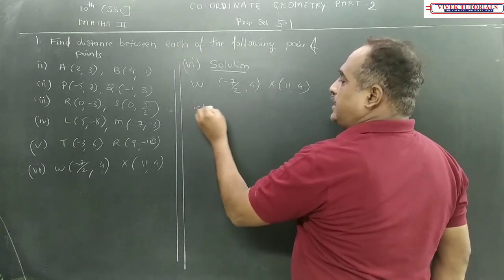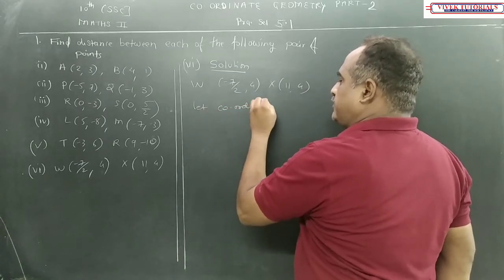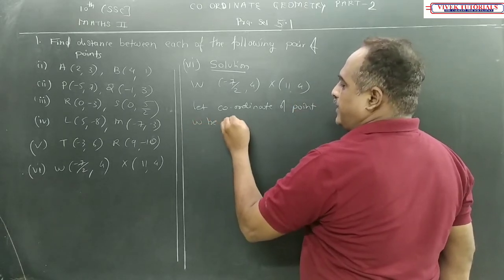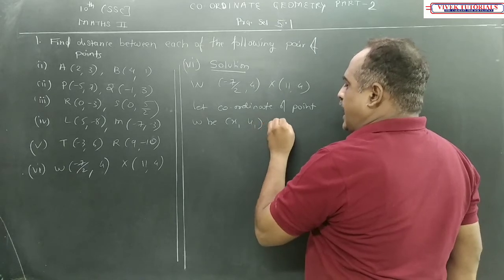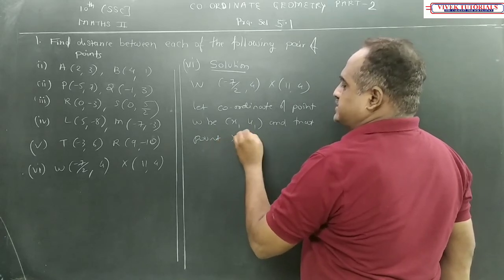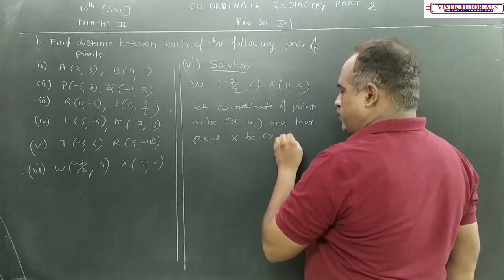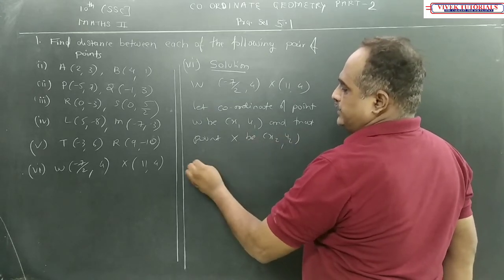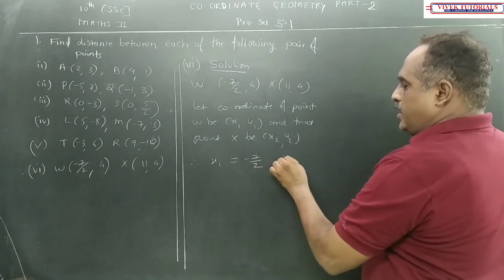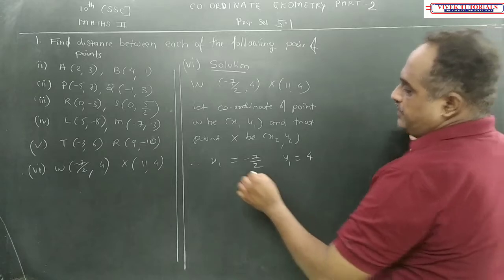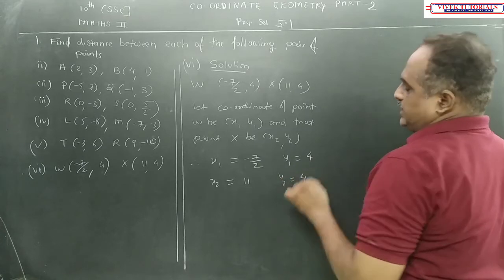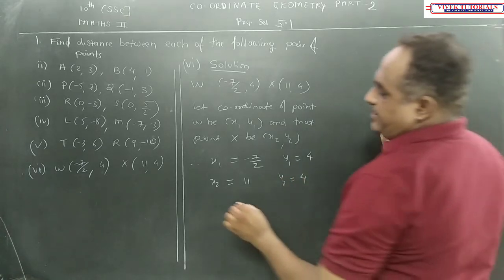Let the coordinates of point W be x1, y1 and that of point X be x2, y2. Therefore, x1 is equal to minus 7 upon 2, y1 is equal to 4, x2 is equal to 11, y2 is equal to 4. So what are you going to write now?